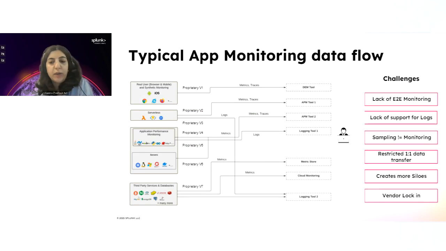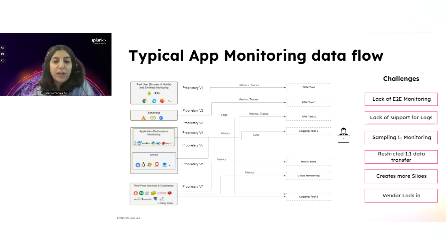To illustrate a little bit more about what OpenTelemetry does, let's take a look at a typical app monitoring data flow. Usually, if you don't use OpenTelemetry, you might have this type of situation where you have data coming from different types of sources. Either it's your browser data, serverless, APM, server, third-party services, and each and every one of these data sources will go to their specific observability tool.